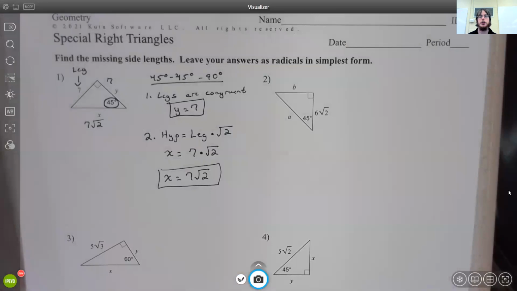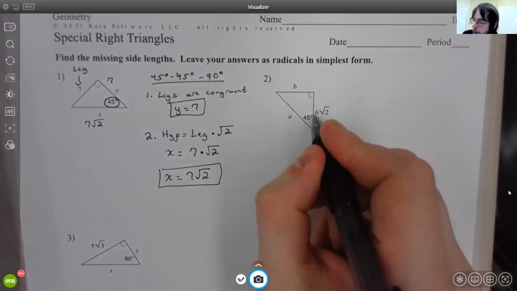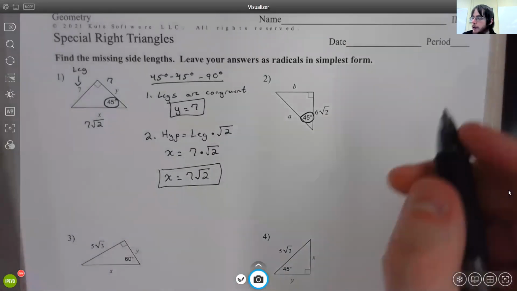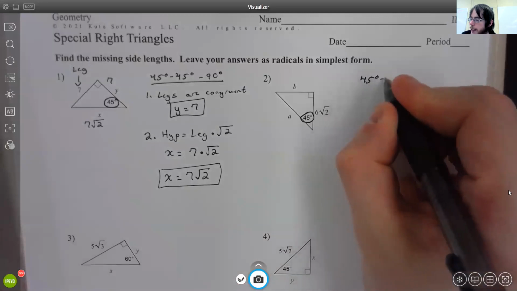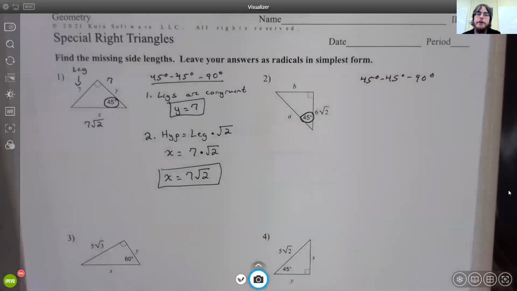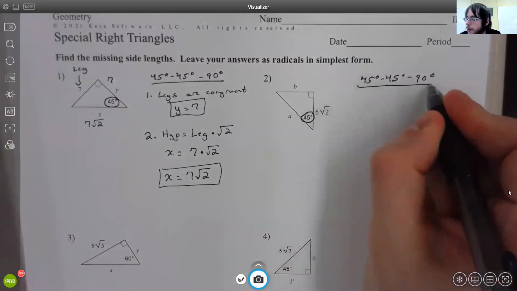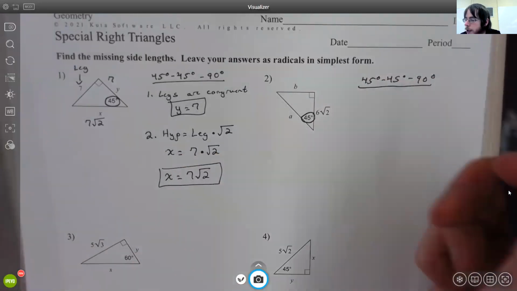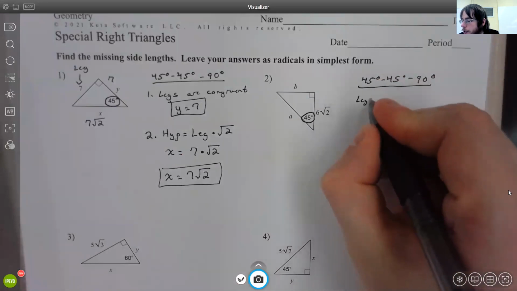So now let's look at number 2. What type of special right triangle do you have? Well, you should see a 45-degree angle here, which means you have another 45, 45, 90 triangle. Since you have a 45, 45, 90 triangle, the same rules apply. The first is that the legs are congruent.